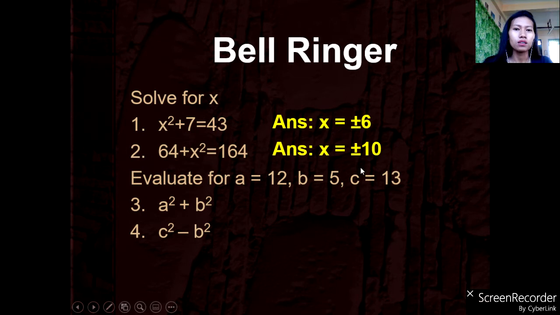How about items 3 and 4? Let's evaluate the expressions on items 3 and 4. Given that a is equal to 12, b is equal to 5, and c is equal to 13, let's evaluate a squared plus b squared. What do you think is the answer?